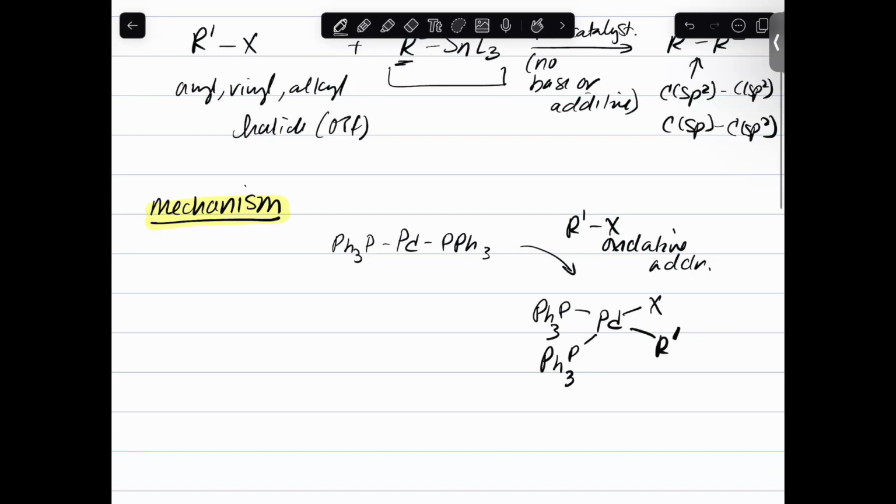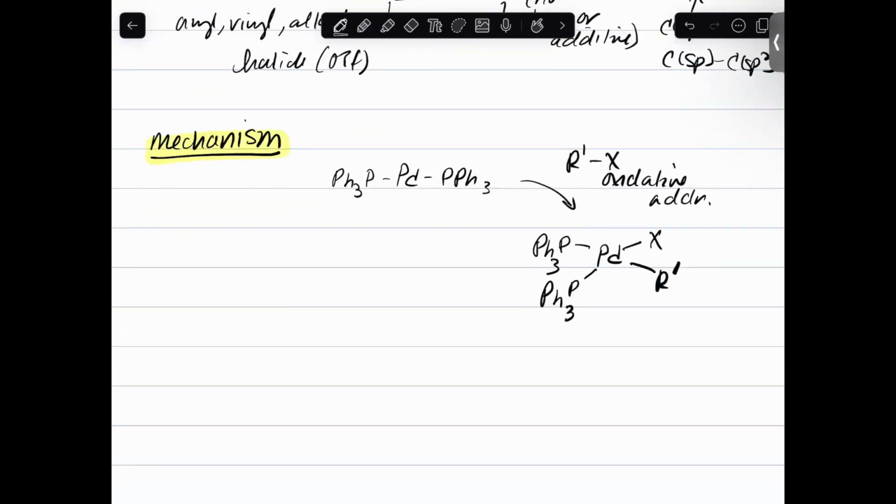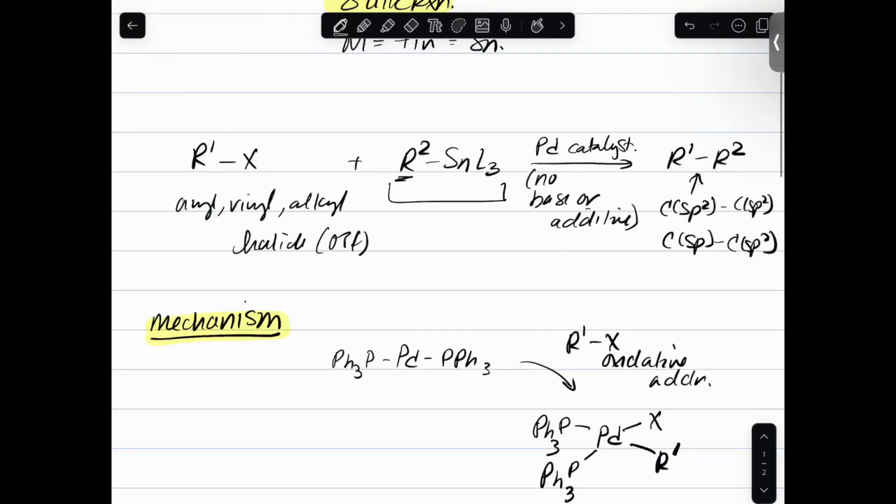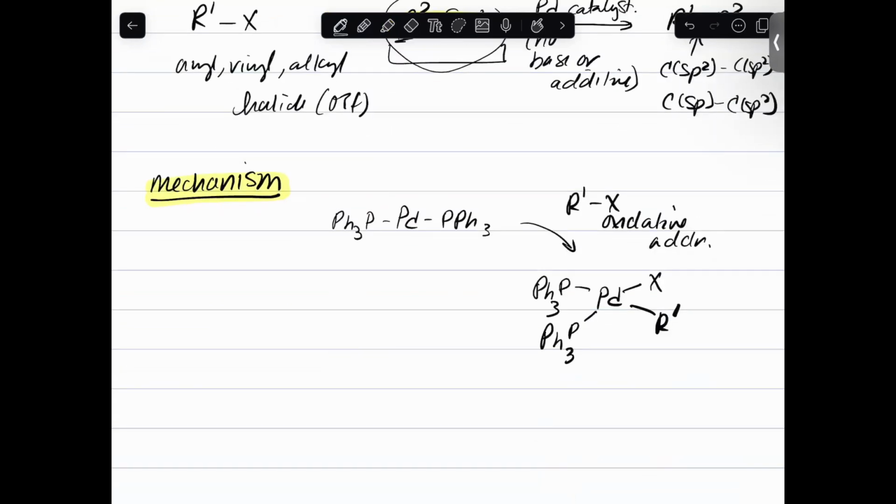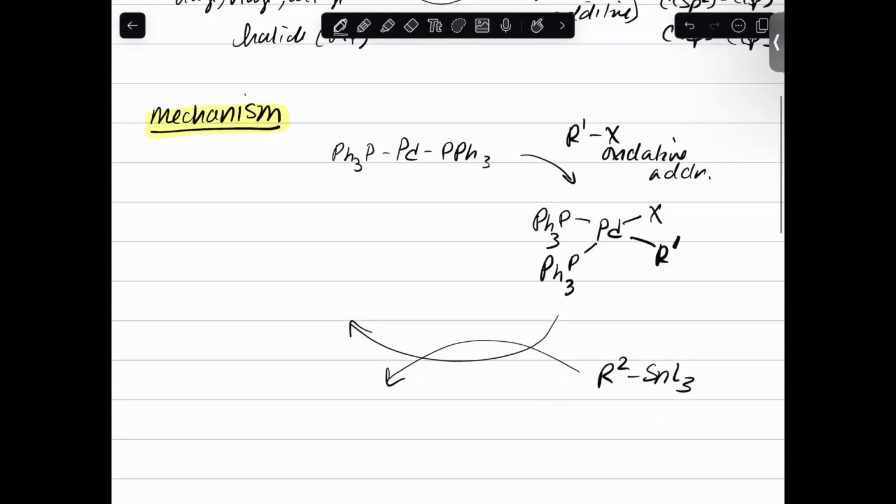Okay. Now, in this case, there's no side reaction that's occurring. The tin reagent that we have is set to insert itself into the reaction and proceed through the transmetallation step. And so, again, there's no side reaction. It's just straight into the transmetallation step, where again, you're exchanging ligands.